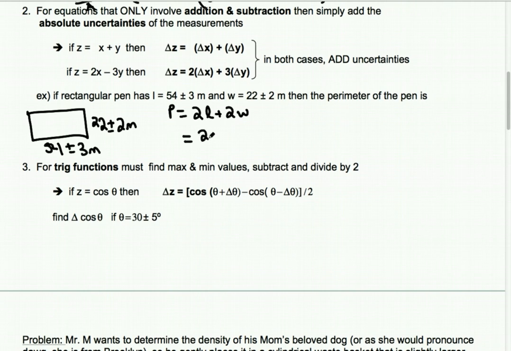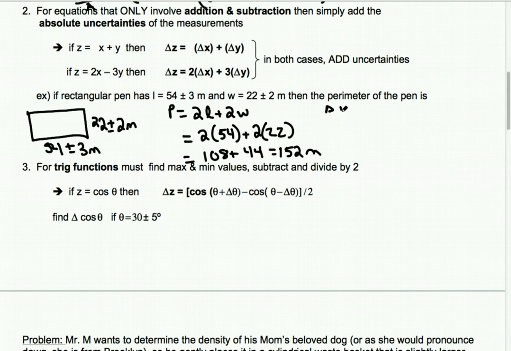So that is 2 times 54 plus 2 times 22. 2 times 22 is 44. 2 times 54 is 108. So this is 108 plus 44, and that adds together to be 152 meters.